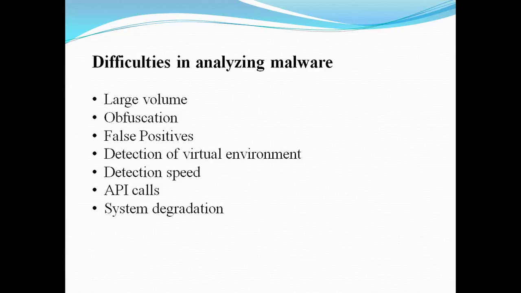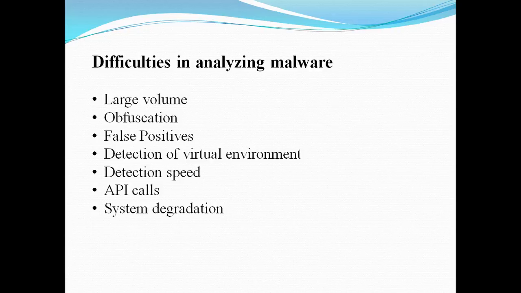Detection speed: the malwares are so complicated these days that sometimes it requires several minutes to several hours in detection of one particular malware. With this detection speed, it is almost impossible to detect the large volume of malwares. API calls use: what's wrong with API calls use is that there are certain API calls which both malwares and benign files use.